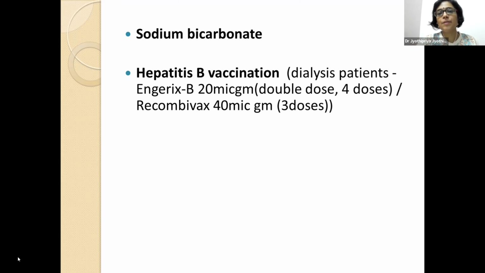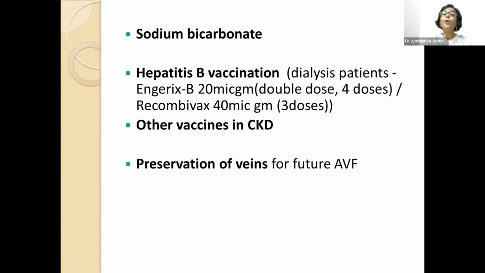So hepatitis B vaccination should be given, especially in my patient, whose EGFR is around 17 ml, that is stage 4 CKD. So vaccination should be ensured. Regarding other vaccines in CKD, pneumococcal vaccines should be given to all when the EGFR falls below 30. Then the annual influenza vaccine.